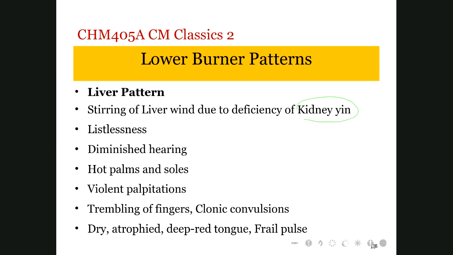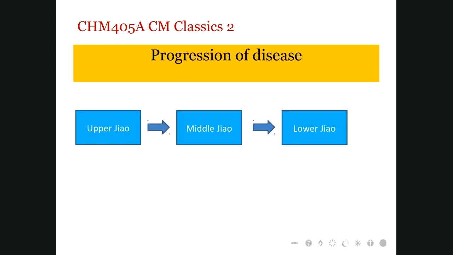The pulse is usually very weak, frail, on the verge of expiring. They don't have any ability to struggle. So the pulse is a very serious condition. Multiple cracks are very common with serious dehydration.